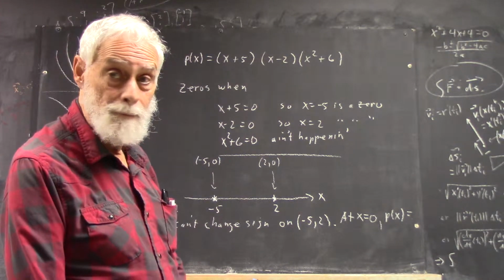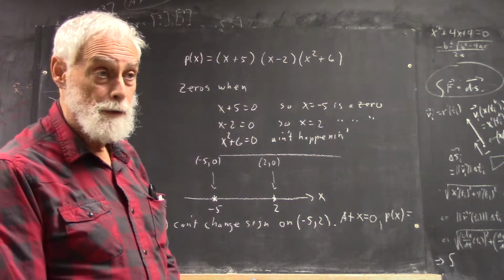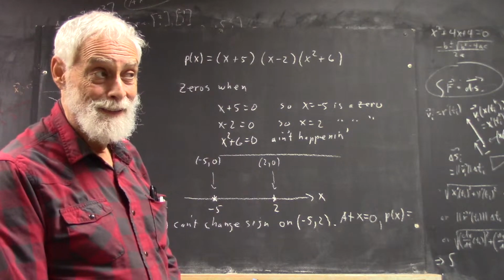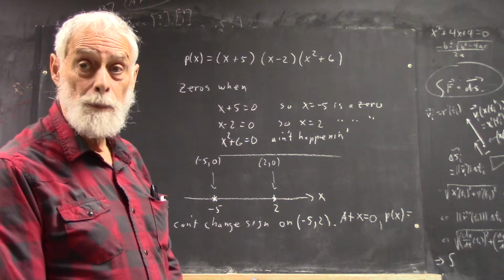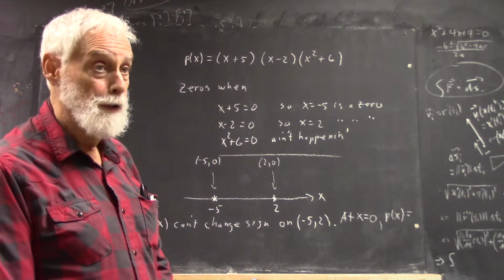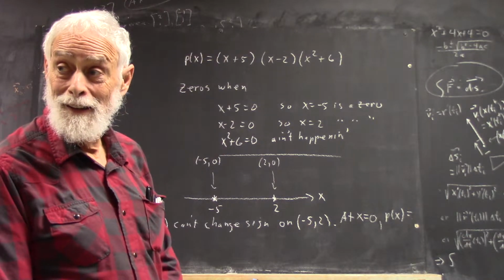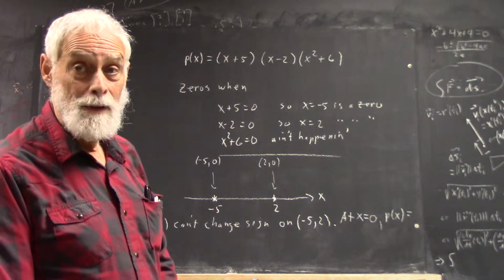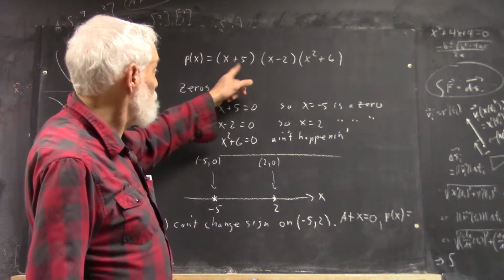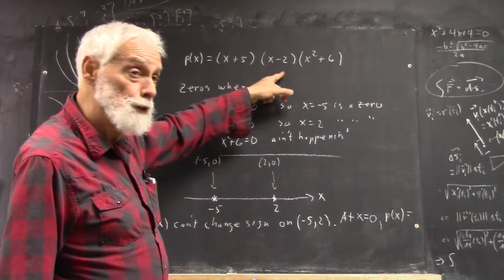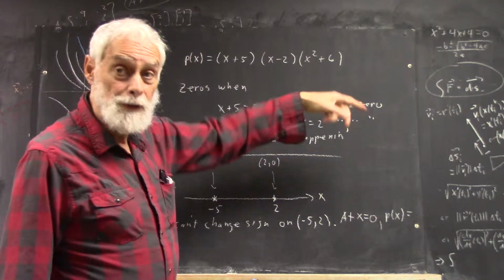Negative. Negative what? Well, there are three numbers you would multiply to get the value. What are the three numbers? Negative 60, yeah. Because if x is 0, x plus 5 is 5, x minus 2 is negative 2, and x squared plus 6 is 6, right?